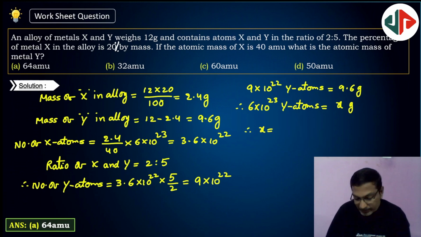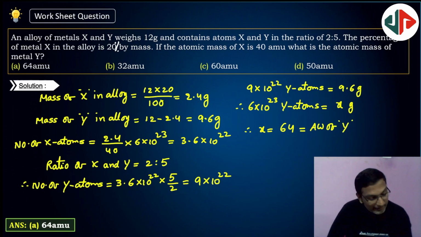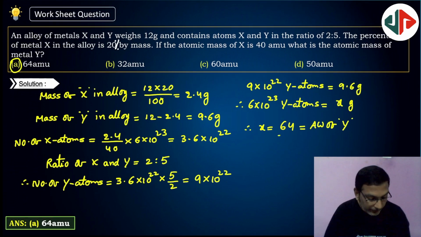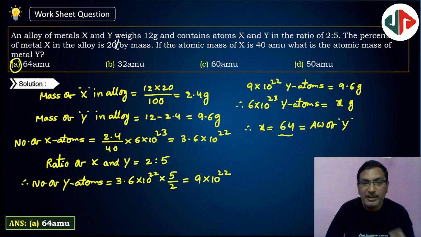Therefore, X equal to 64. So 6 into 10 power 23 atoms must be present in atomic weight. Therefore, this will be atomic weight of Y. Therefore, answer 64. Standard condition: Avogadro's number of atoms will be present in atomic weight. Therefore, X will be atomic weight 64. Next question.